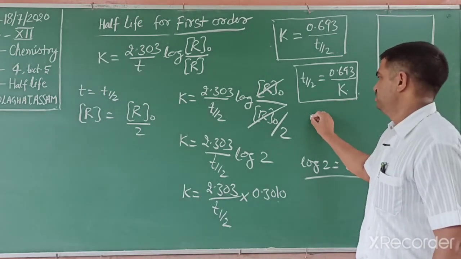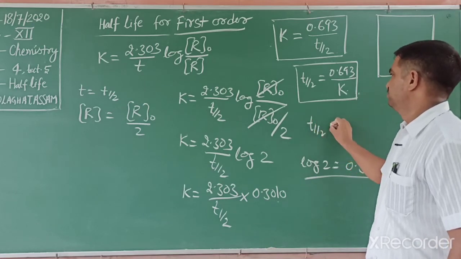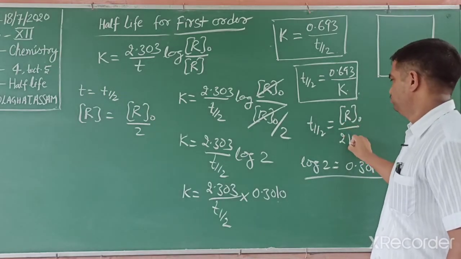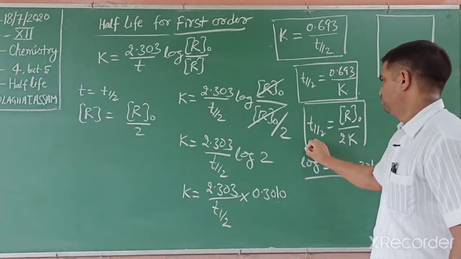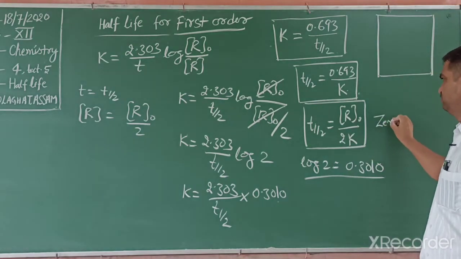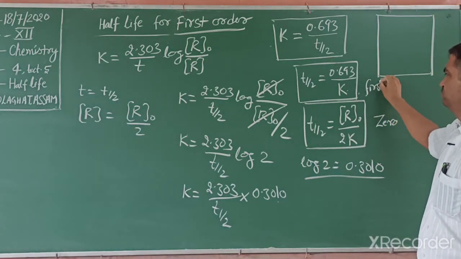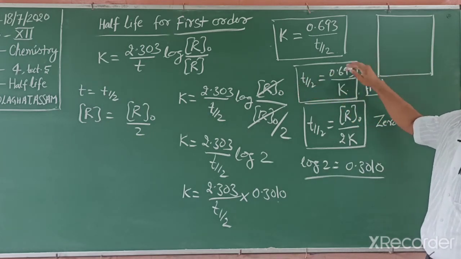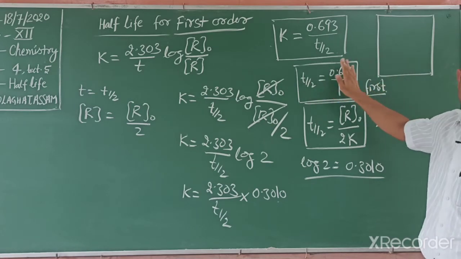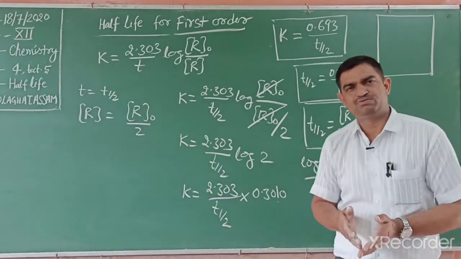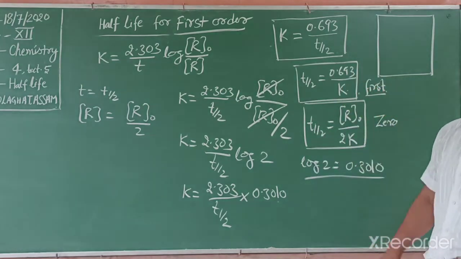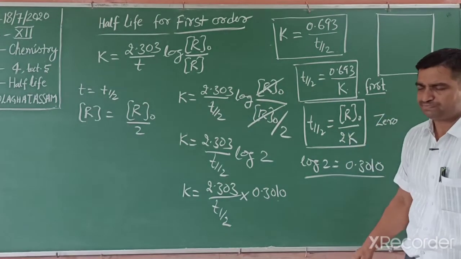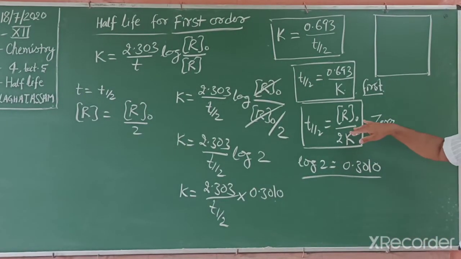That is, for zero order t half is equal to initial concentration divided by 2k, and this is for first order. In your syllabus, first order half life is independent of initial concentration. It remains constant, whether you take a lesser or more amount. But in zero order, it is directly proportional. So this is a very important point.